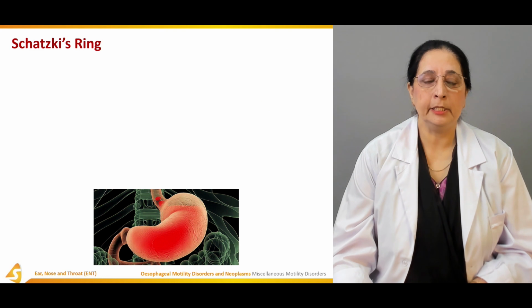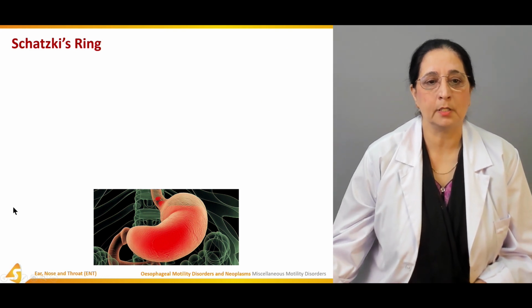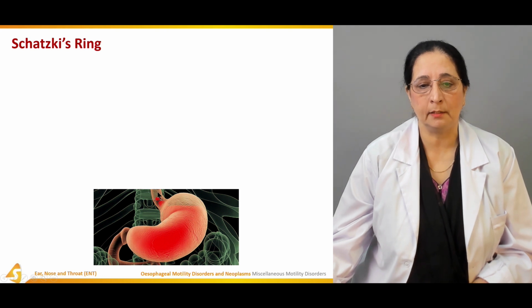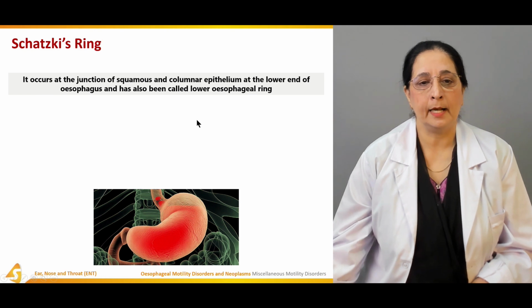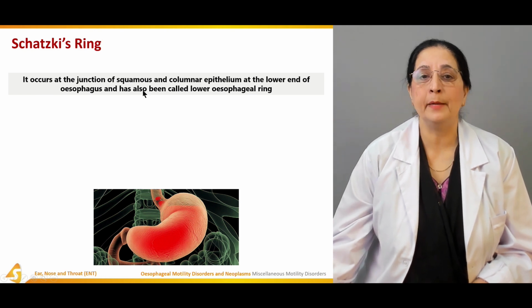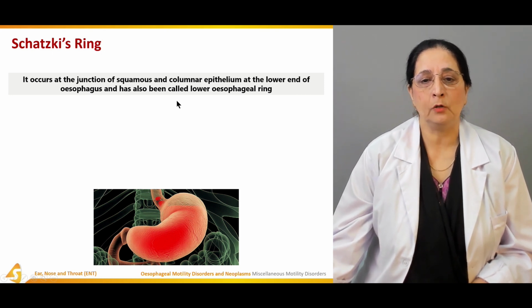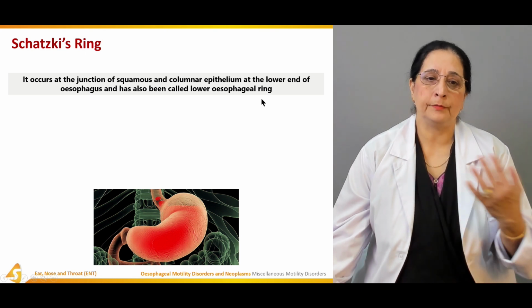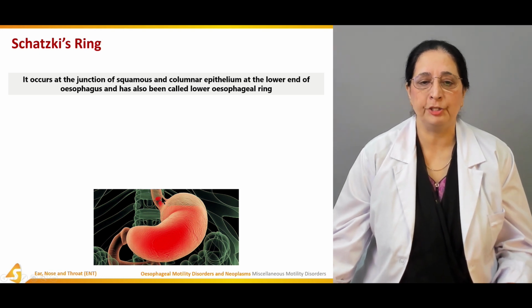Then the third condition which we will discuss in this section is the Schatzki's ring. You can see there is formation of a ring, and it occurs at the junction of squamous and columnar epithelium at the lower end of the esophagus and has been called the lower esophageal ring. So instead of Schatzki's ring, it is also known as lower esophageal rings.